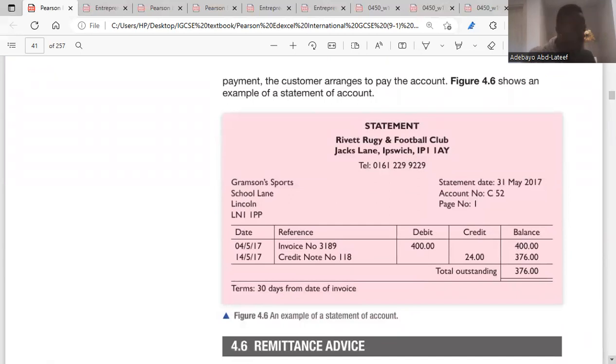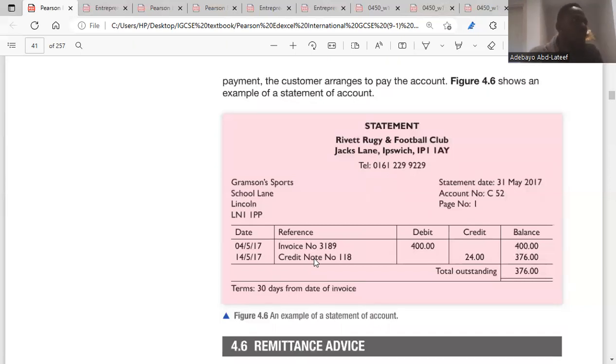So look at how a statement looks like. The date, that's the purchase date. The reference will be the invoice. The debit means the amount of the product. The balance is there, which is the amount of the products. Then the date of the returned goods will be on the credit note. The day the supplier is sending you the credit note will be stated on the other date.